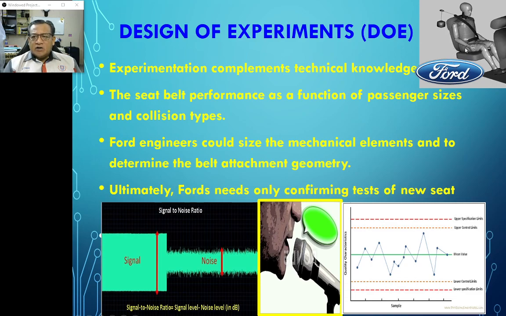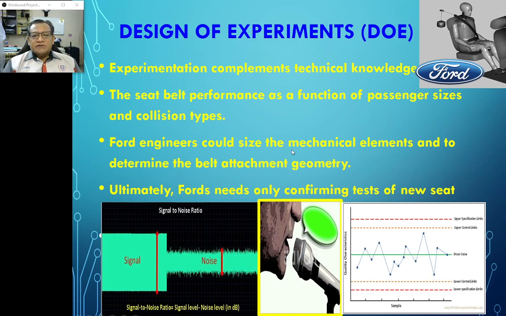So in order to determine this seat belt performance, it is basically a function of passenger size, how big the person is, right? And what type of collision, right? That is a function. To determine the best seatbelt performance, it depends on the size of the passenger and what type of collision the car is experiencing. This is what the Ford engineers were hypothesizing, right?